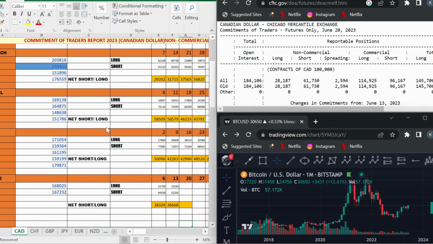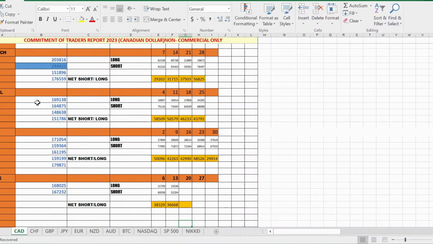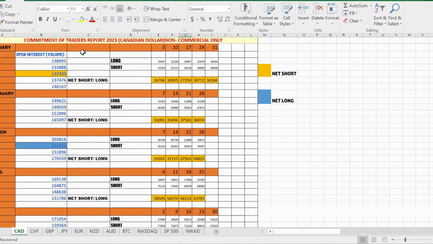And when you look at my analysis, on the very first column, I have open interest. Open interest is simply volume. This is the same as the volume that you see on the charts, this volume down here.